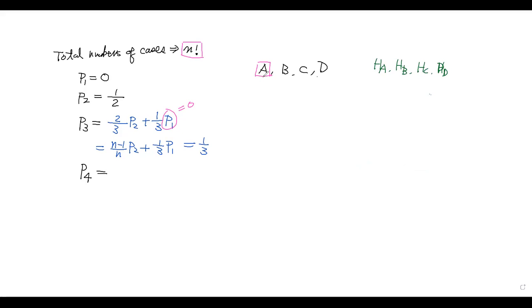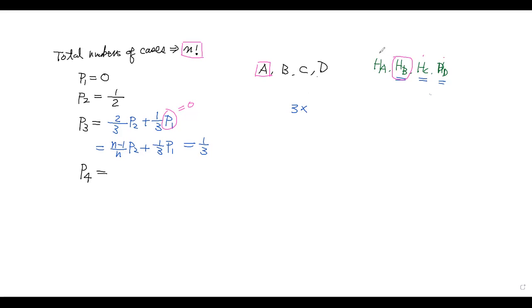Okay, the same thing here. The first person, what can you choose? You have n-1 chances, so you have 3 chances. You can choose B, C, or D. After you choose one, how many are left? Let's say we choose HB again. So you have HA, HC, HD, so you have 3.